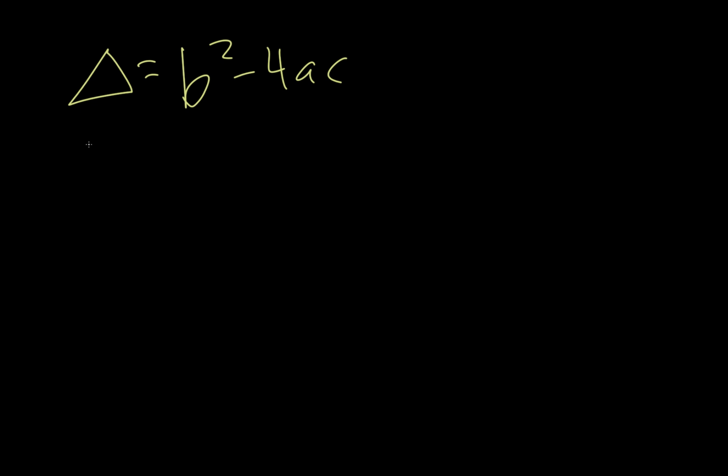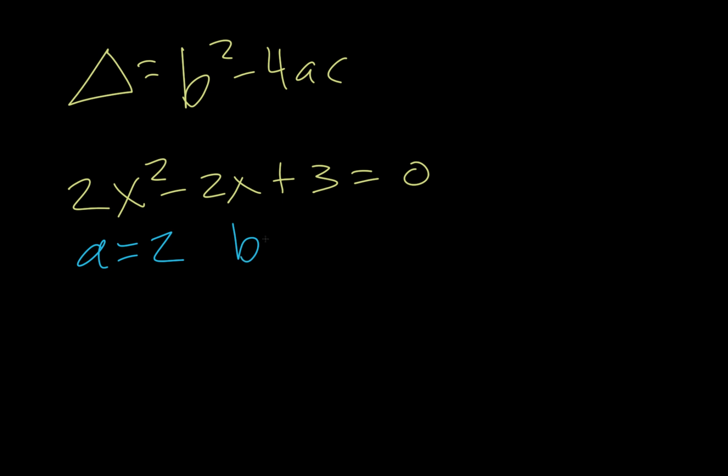On example 12, part A, it gives us this quadratic equation. We're going to start the same as we did the other two problems. We're going to say A is 2, B is -2, C is 3. But we're only going to use the discriminant.